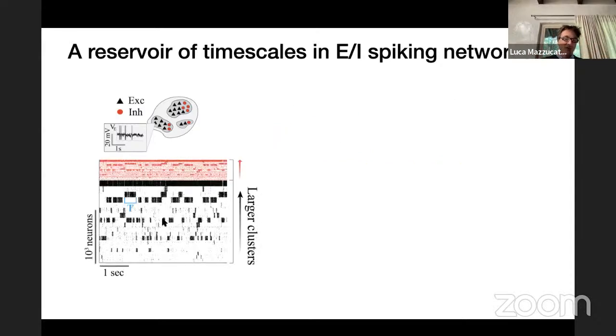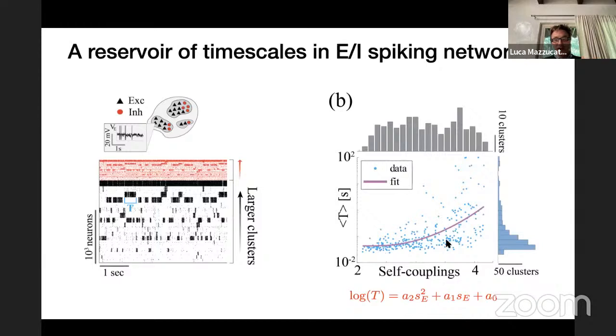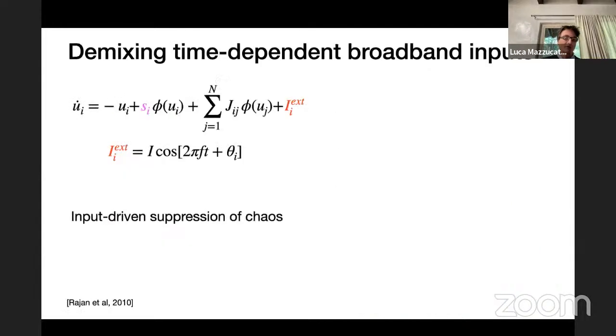And if you now simulate a network of EI clusters with a hierarchy of cluster sizes, you find again, on the y-axis, that the log of the average dwell time is quadratic in the self-coupling.